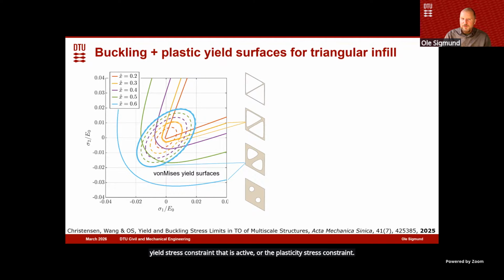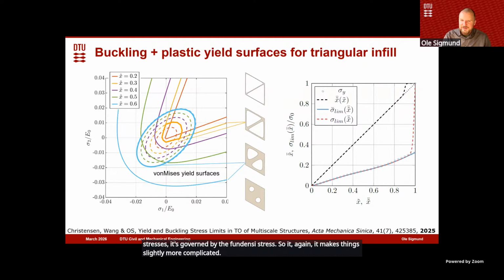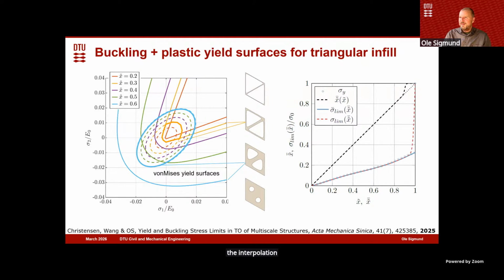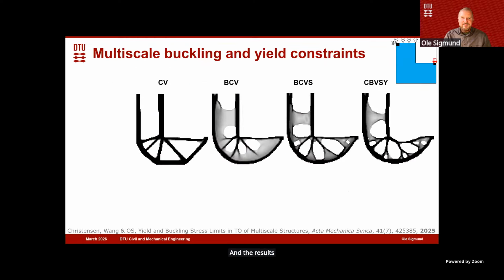However, if we have a lower volume fraction like the orange one here, then for compressive stresses, it's governed by the buckling yield surface, and for tensile stresses, it's governed by the von Mises stress. So it makes things slightly more complicated. The interpolation laws get more complicated, but still it's following the things that I've otherwise been talking about in the tutorial.